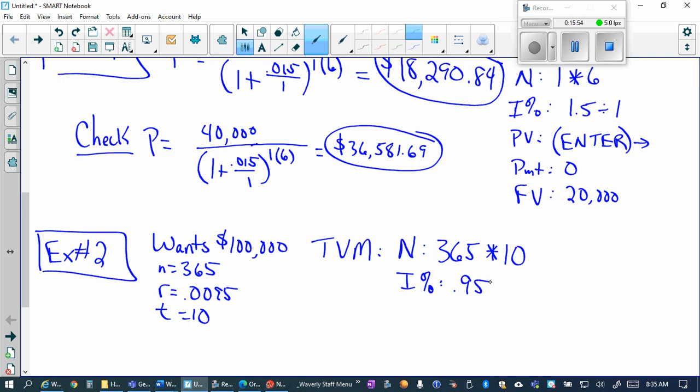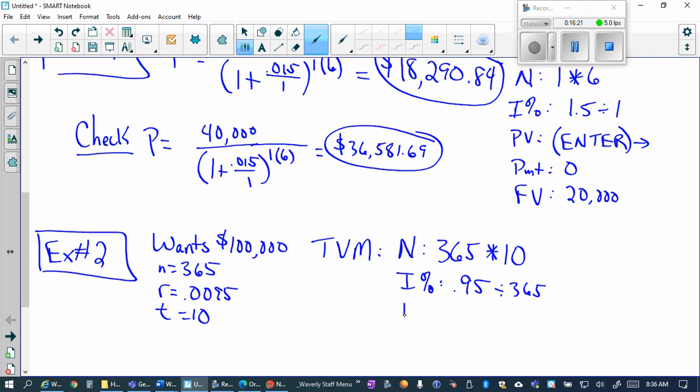Divided by what? How many times is it compounded per year? 365. We need that daily, right? So divided by 365. So take a look at the N: you're multiplying by 365, but when you go in the rate, you've got to divide by 365, right?